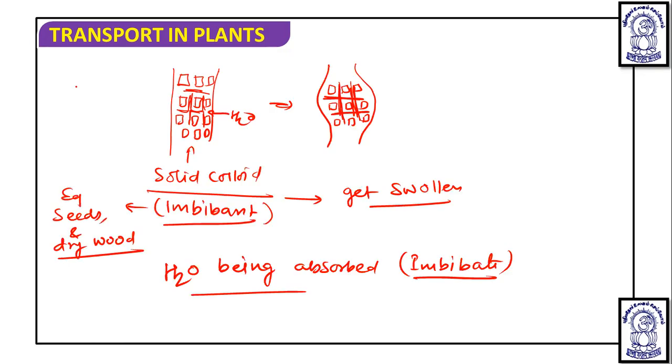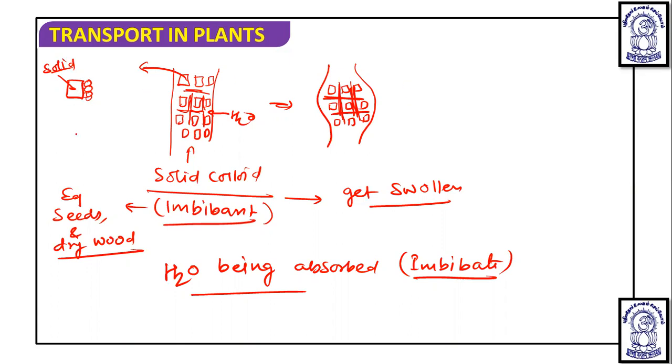Now, what is the simple prerequisite for success of imbibition? So it is adsorption. Now what will happen here? We remember one more thing. If this is the solid component, what will happen? On this solid colloid, the water molecules will adhere. They get absorbed without dissolving this solid component.